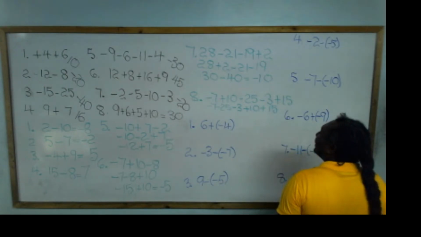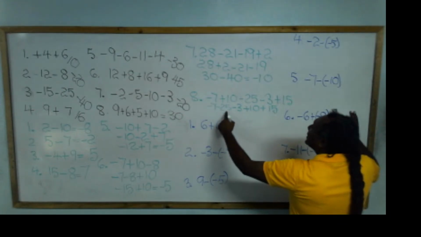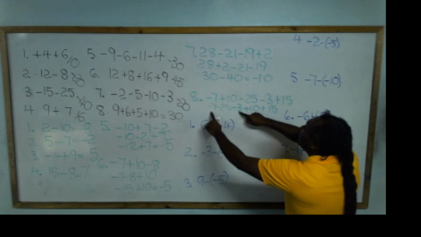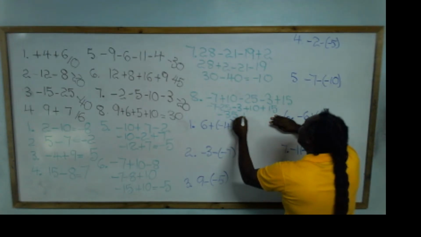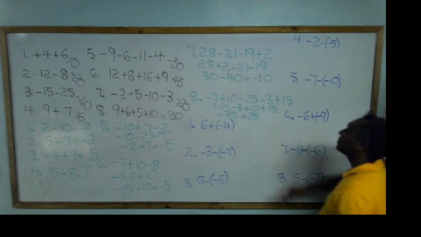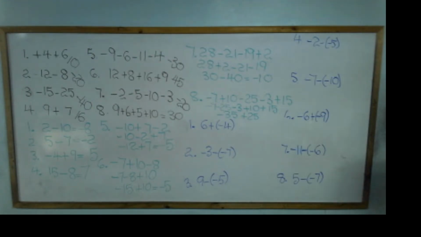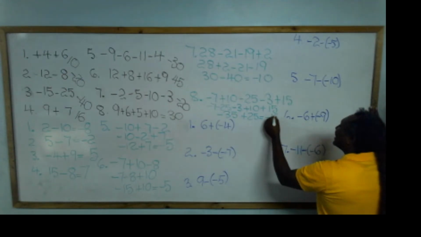And what will I get? This will be 25 and these two will be 10. So a negative 35 will go there. Plus 25. 10 plus 15, that's 25. Negative 35 with positive 25 equals a negative 10. So that's a negative 10 also.